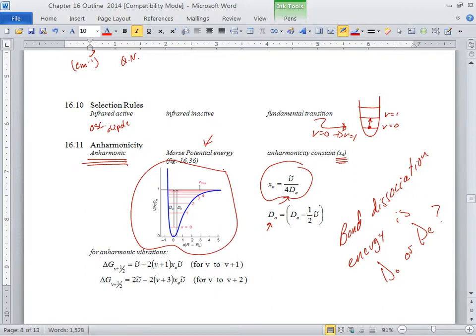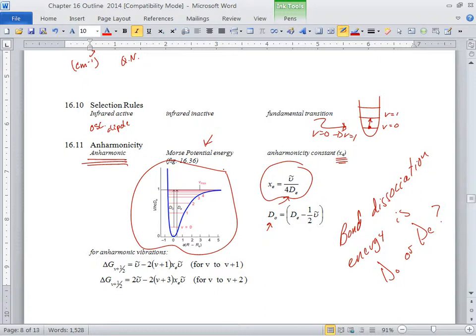What's the bond dissociation energy? Which one would you guess? DE? Everybody agree? Mal, you agree? Peer pressure here, man. 2 out of 3.